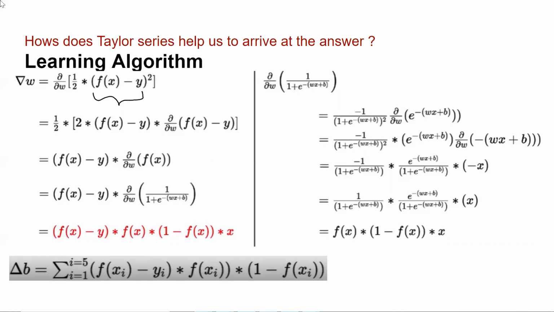Do you agree with this? Yeah. Now what I'm doing is I'm just putting half in front of it. Putting half in front will not impact my answer. I am putting half in front of it so that it simplifies the mathematical computation.